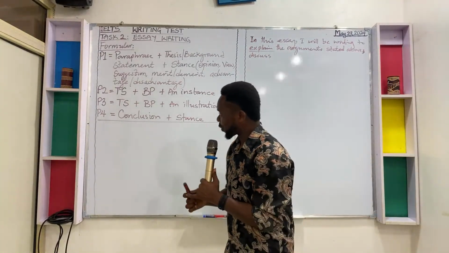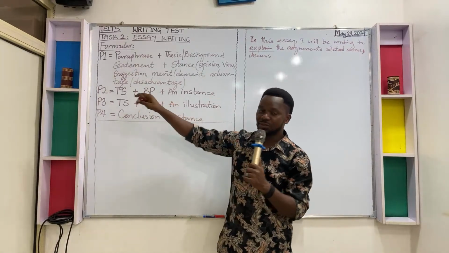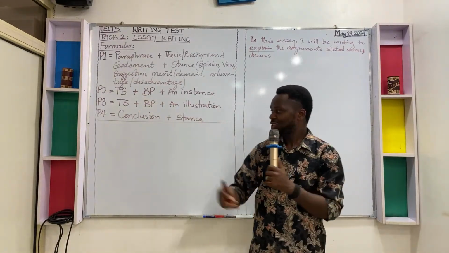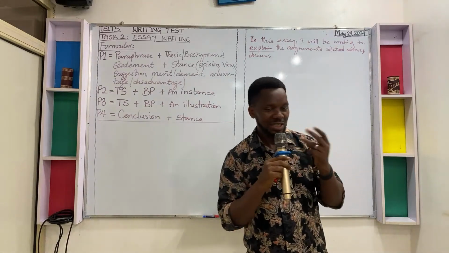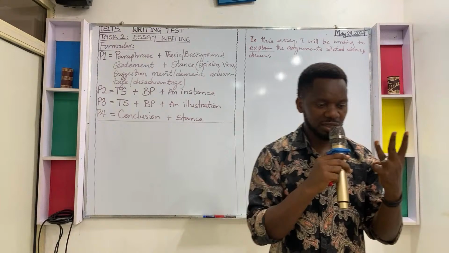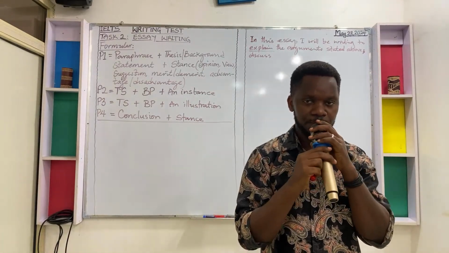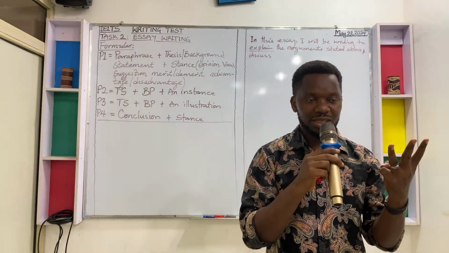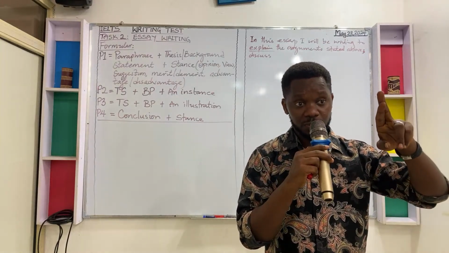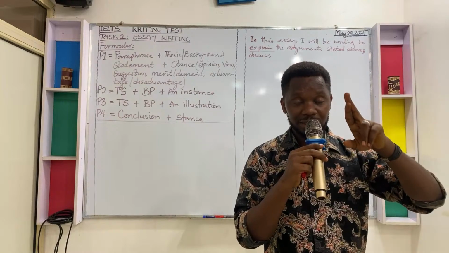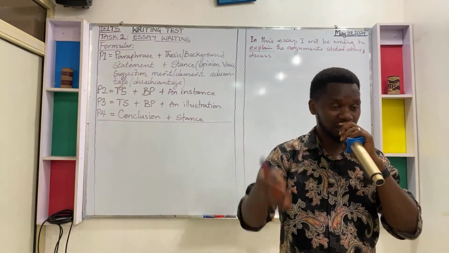Okay. So once you have successfully achieved paragraphs 2 and 3, you go to your conclusion. So what happens in your conclusion? There are 3 different ways of concluding an essay. Out of the 3 ways, 2 of those 3 ways are very synonymous. The application is the same.